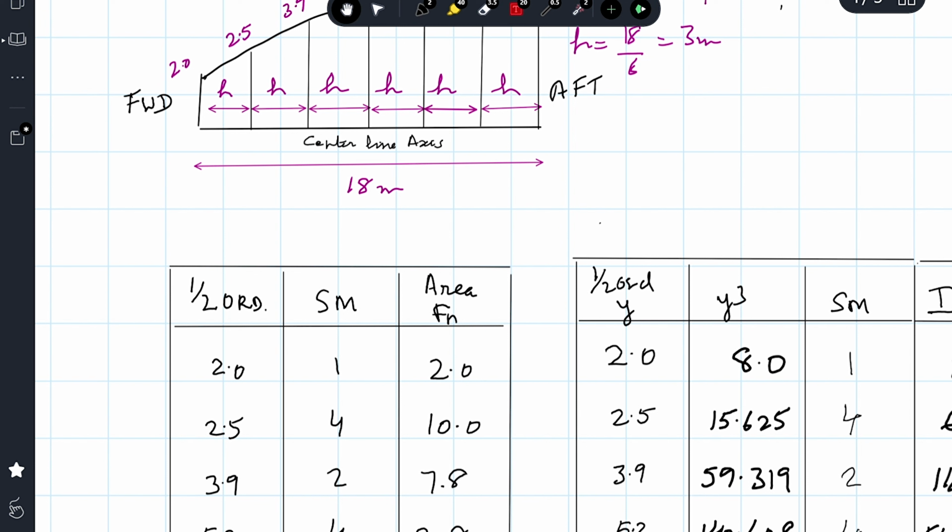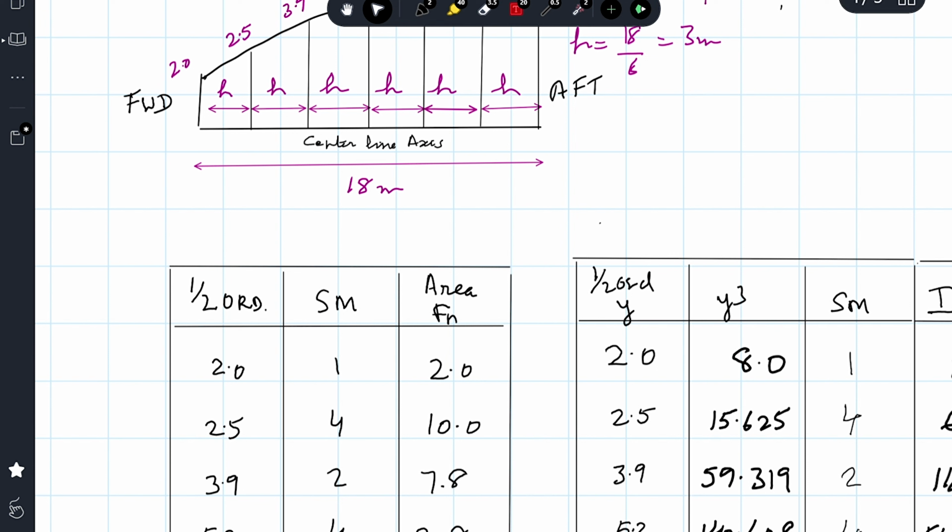And the ordinates are perpendicular to the axis. Here, this is the center line axis, and these are the ordinates which are perpendicular. So when the ordinates are perpendicular to the center line axis and we need to find the moment of inertia, we must do the y cube function. Cube of all the ordinates, they must be Simpsonized.